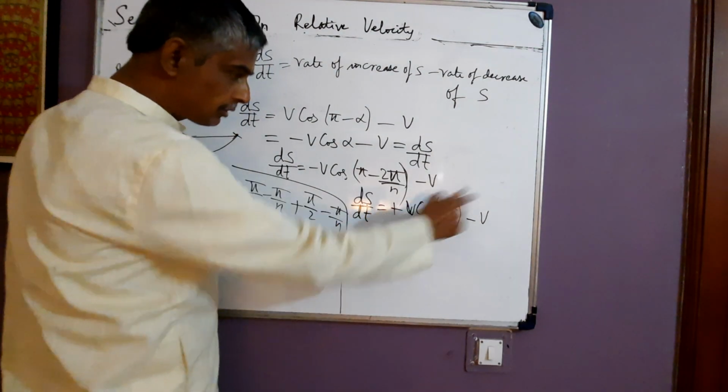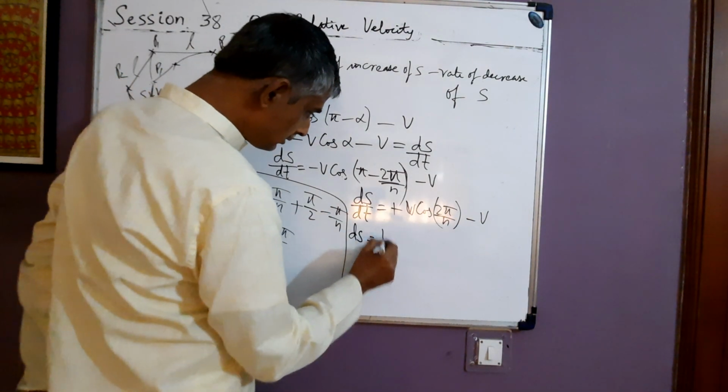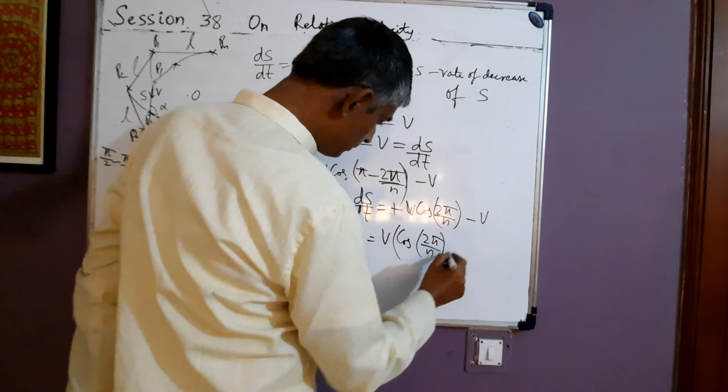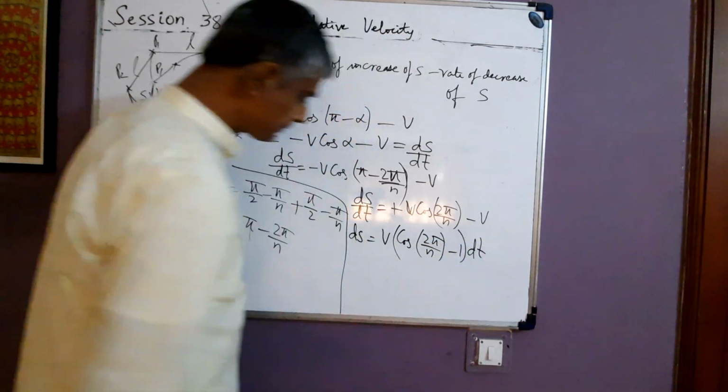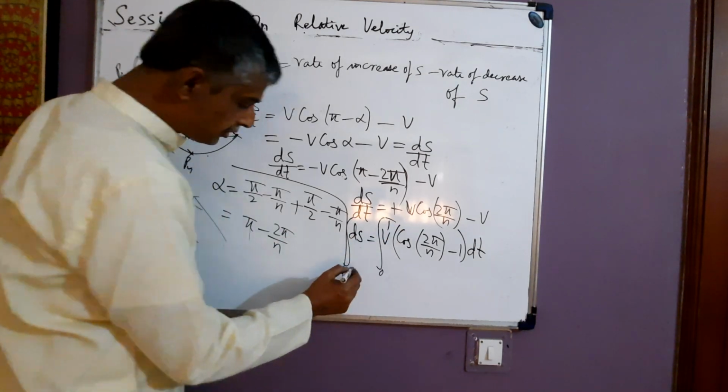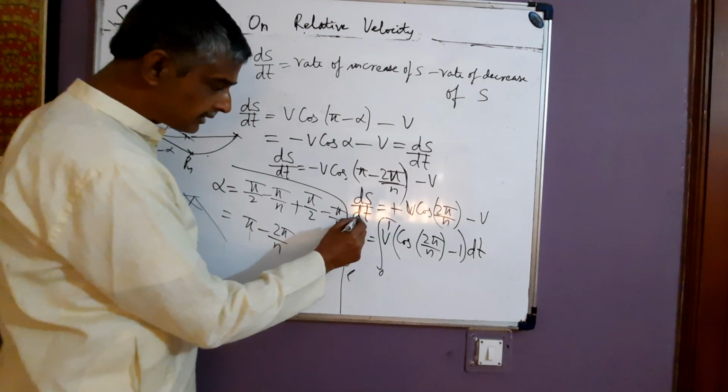So now I take dt to the other side: v into cos of 2 pi by n minus 1, into dt. Now I integrate this equation on both sides, 0 to t. Initially s was L, finally s becomes 0.